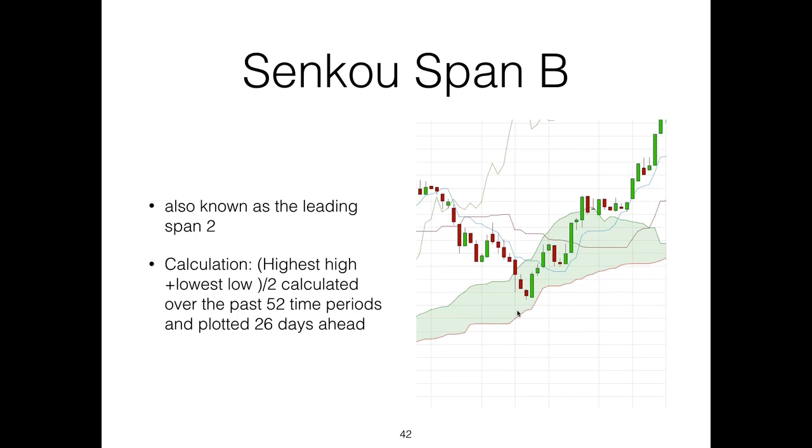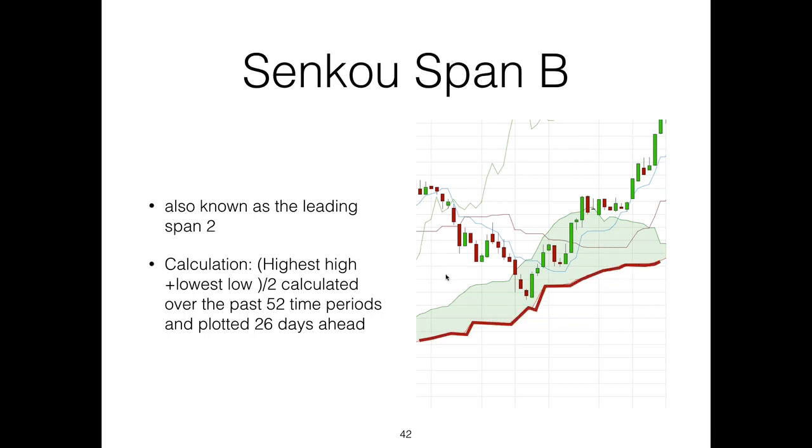The Senko Span B is also known as the leading span too. They're leading because they're always plotted ahead. So to calculate the Senko Span B, get the highest high plus the lowest low, add that, divide it by 2. This number is calculated over the past 52 time periods and plotted 26 periods ahead.